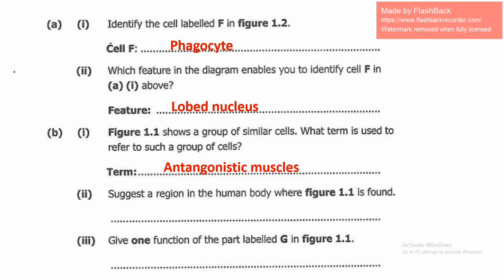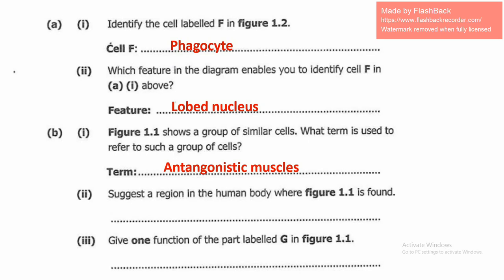Then B number 2 is saying suggest a region in the human body where figure 1.1 is found. So figure 1.1, we have said these are ciliated cells, or cell E. Now, for us to know where they are found, we should first understand the function of ciliated cells.